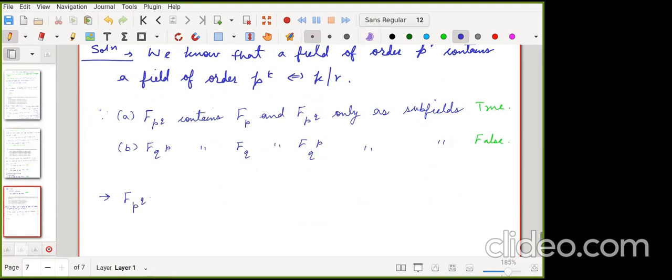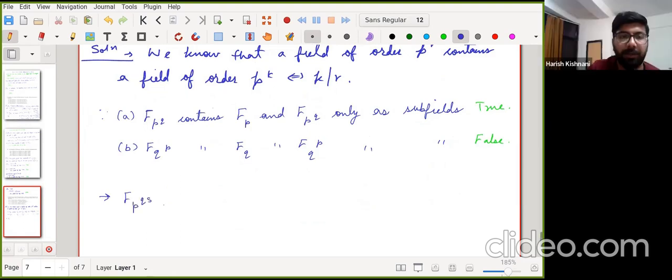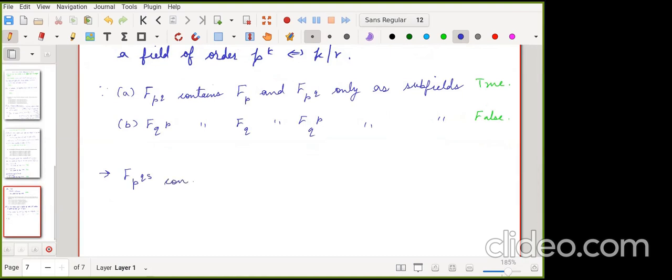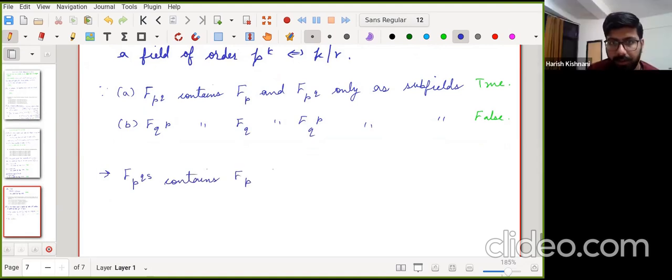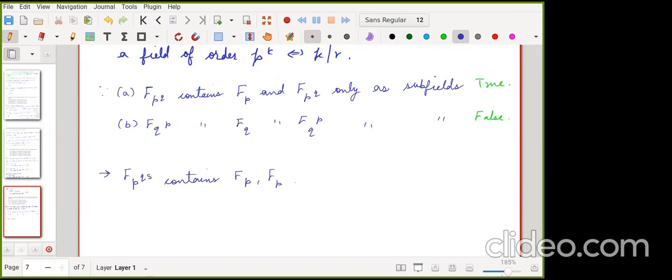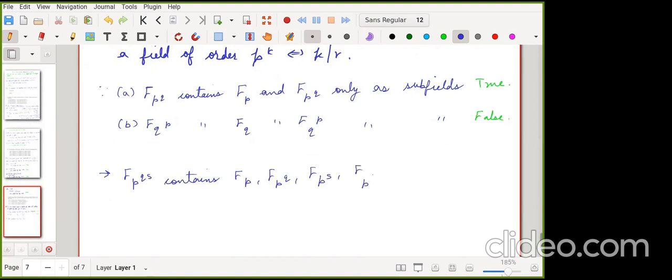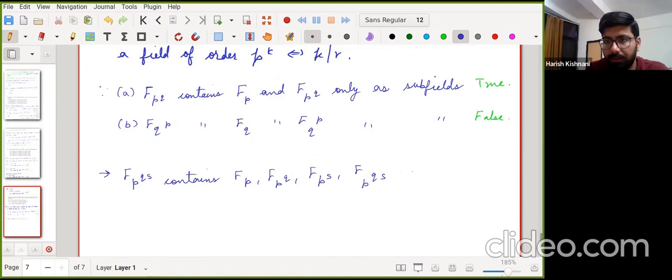If they weren't prime, then the situation would have been different. So F_{p^{qs}} contains F_p, F_{p^q}, F_{p^s}, and F_{p^{qs}} only as subfields.